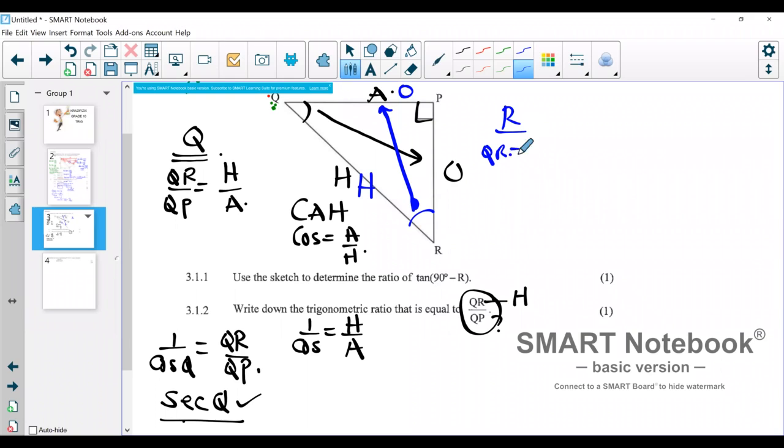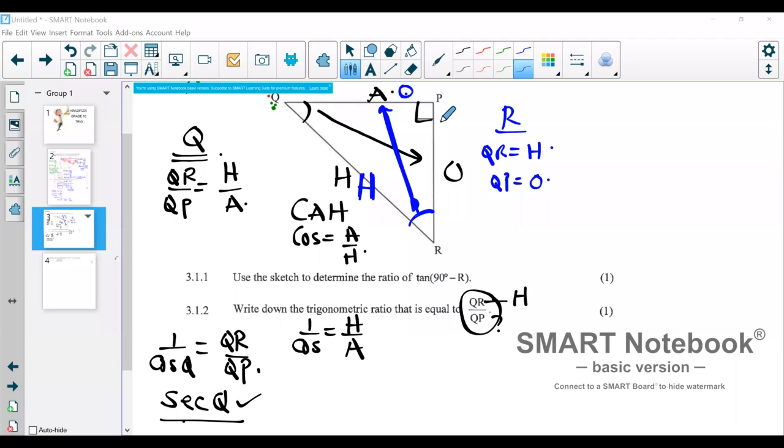QR is still the hypotenuse, but QP is opposite. Remember, I'm using R, so that becomes opposite. This one remains hypotenuse, because the hypotenuse will not change.